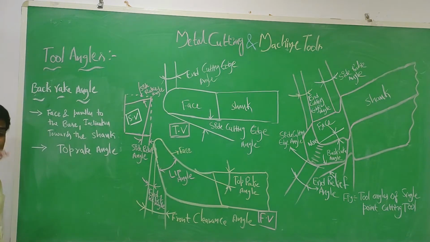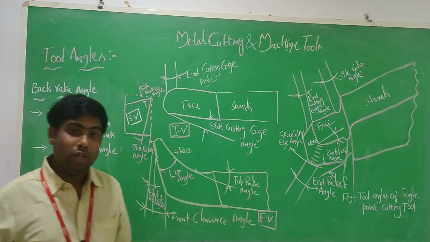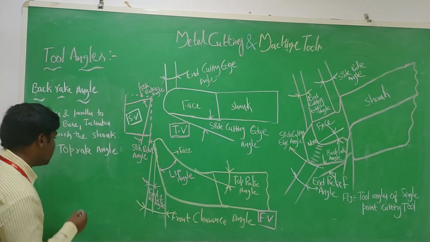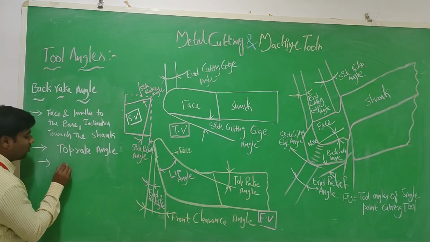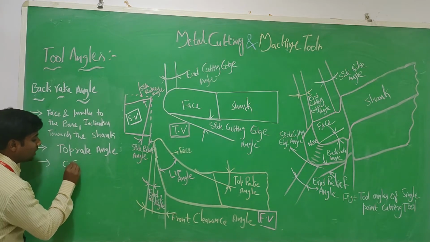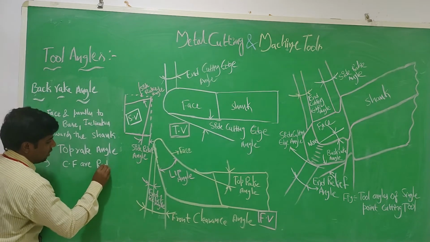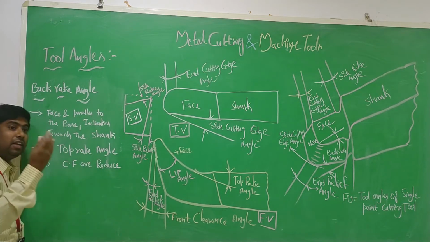So what happens if the back rake angle increases?